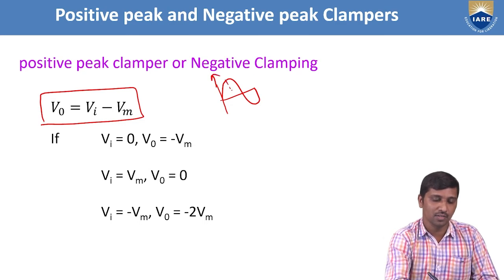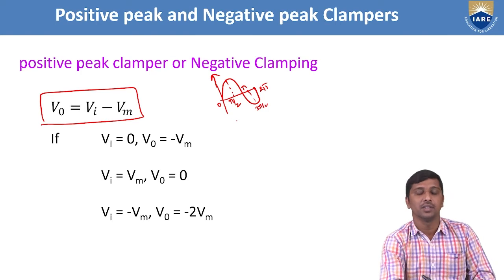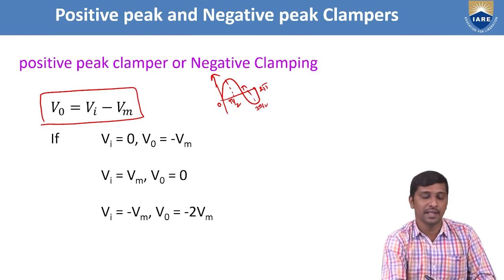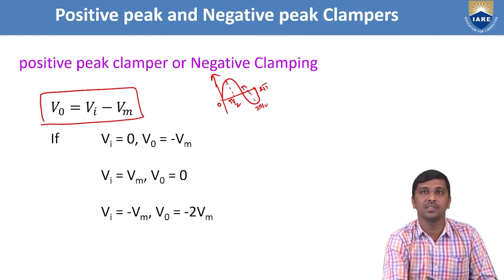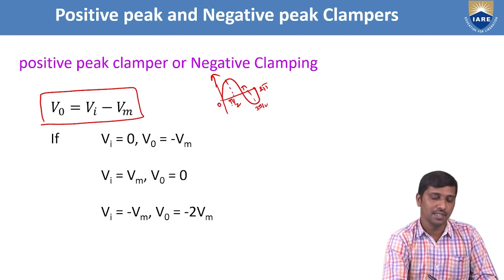We consider the quarter durations: 0, pi by 2, pi, 3 pi by 2, and this duration is 2 pi. For each quarter cycle, we need to identify the magnitude of the given input signal, and with respect to that magnitude, we need to observe the output voltage. Let us take, if our input is 0, now we can substitute here.